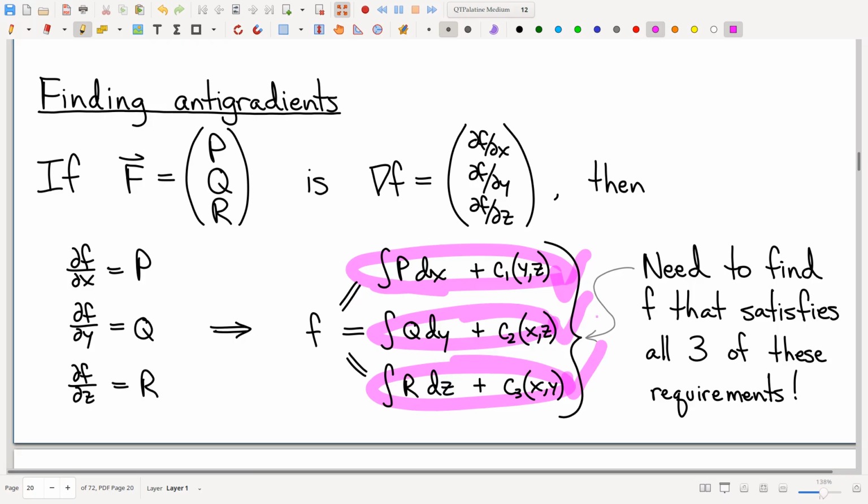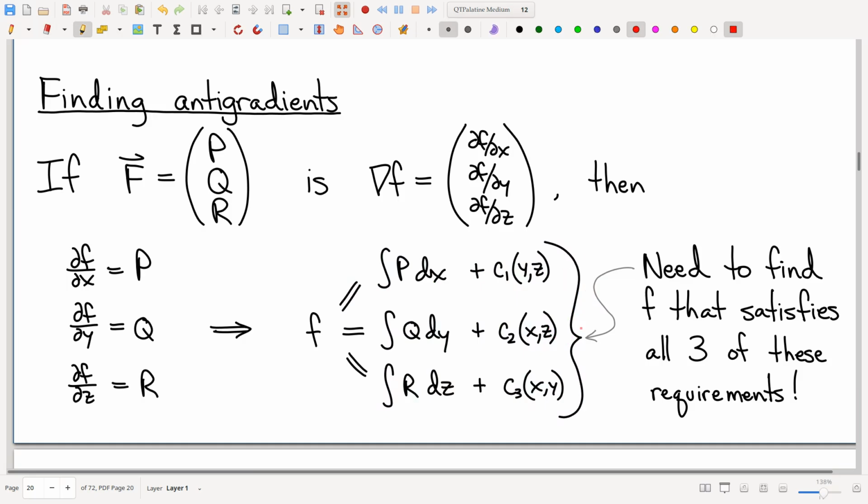And that's going to be the goal. That's how we're going to actually get stuff done on this. We're going to write down these three expressions and ask, can I make them all equal to each other? And don't forget, I get to pick these partial constants to be whatever I want.